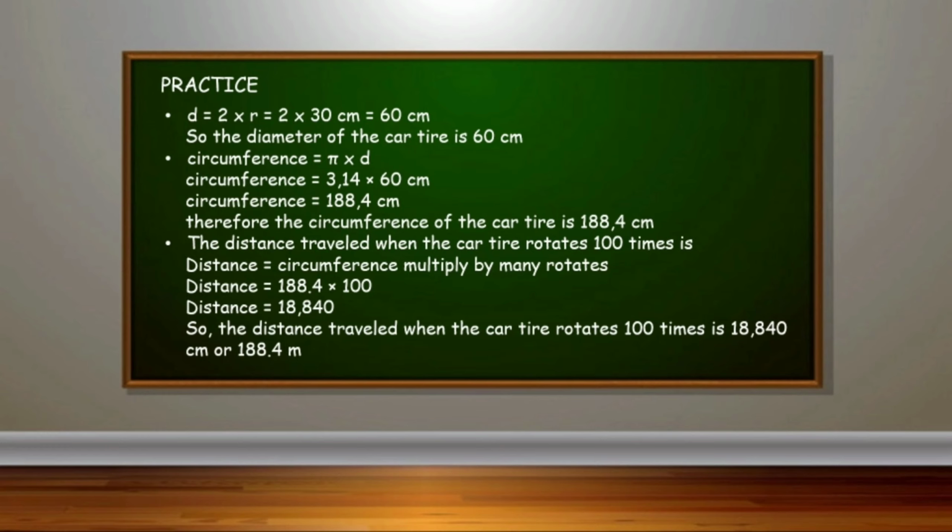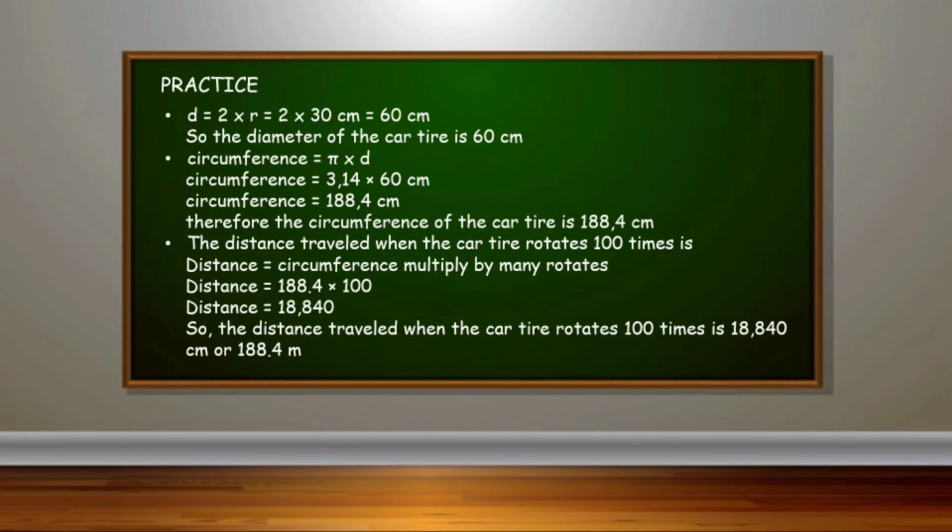And last, we look for the distance traveled by the car. The distance traveled when the car tire rotates 100 times is distance equals circumference multiplied by the number of rotations. So distance equals 188.4 multiplied by 100.